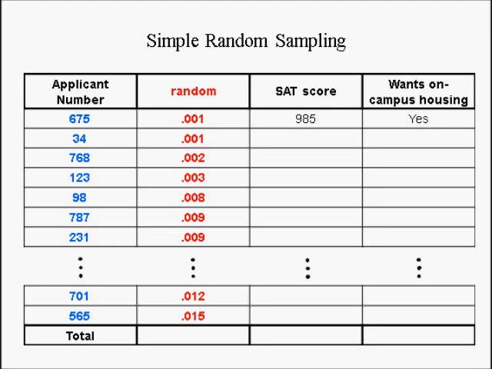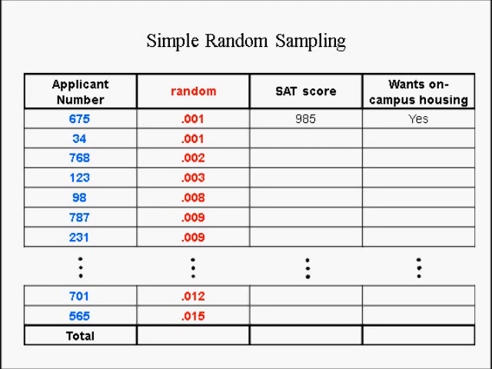The office assistant pulls the 675th applicant file from a box containing all 900 application files. Inside the file, the office assistant finds out that the 675th applicant got a 985 on the SAT and desires on-campus housing.